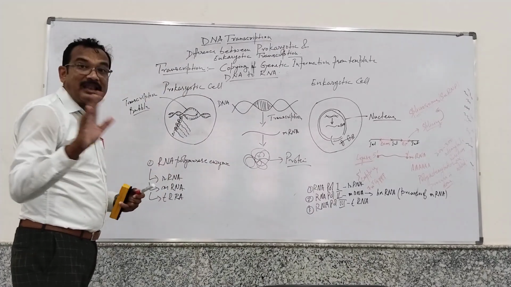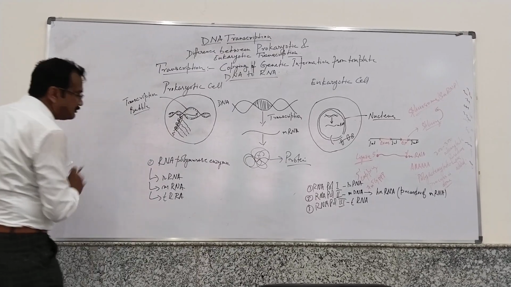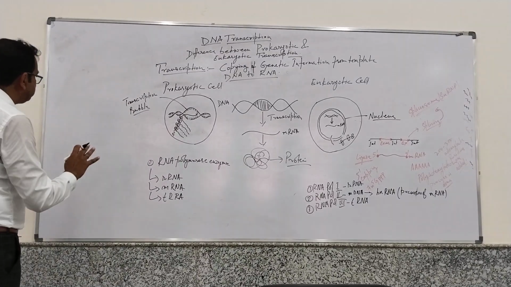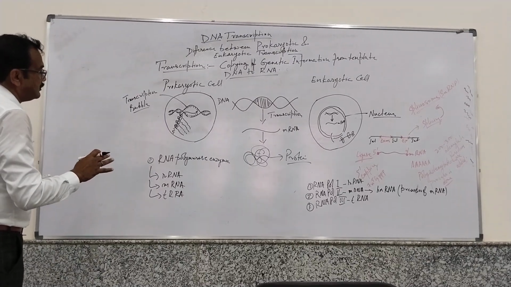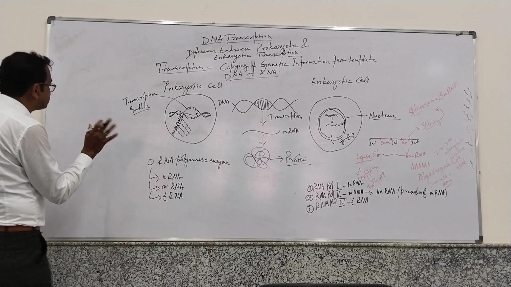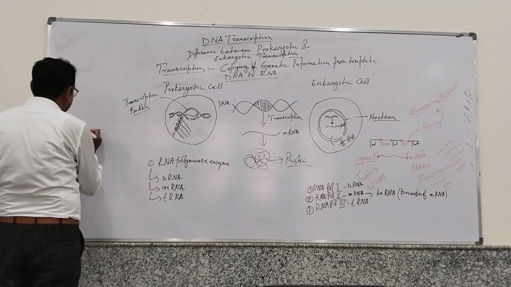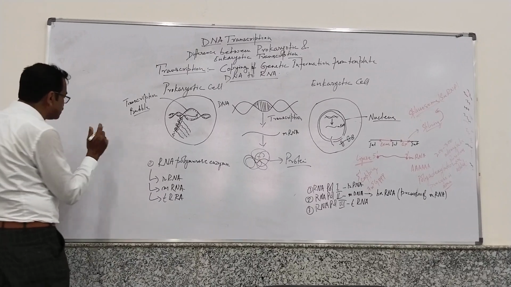Okay, now the last and the most important point which I would like to write here is that in the prokaryotic cell the RNA is polycistronic. You can say the structural gene is also polycistronic.